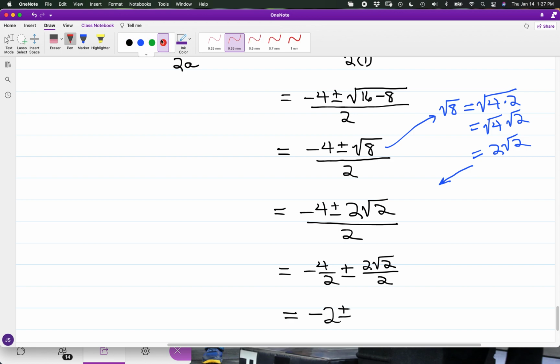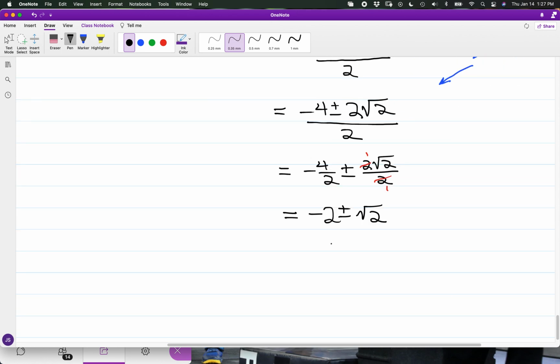And once again, we have leading coefficients in the numerator and denominator, the 2's out front, and we can get those to cancel, and we have the square root of 2 left over. So in compact form, the solutions in m are negative 2 plus or minus the square root of 2. You can also write this as negative 2 plus, as well as negative 2 minus, the square root of 2.